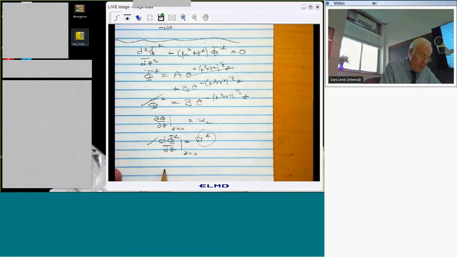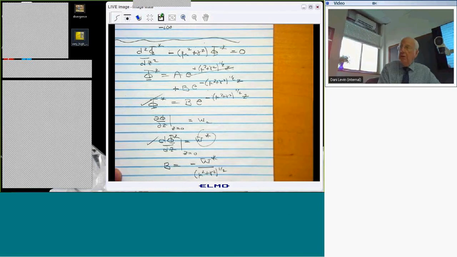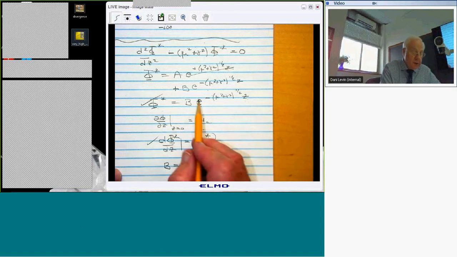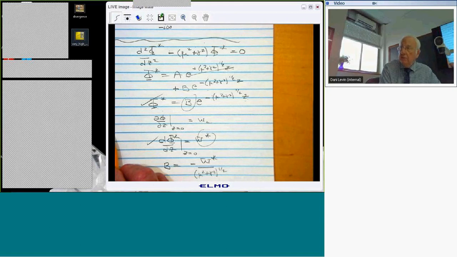But basically, B will turn out to be minus capital W star over square root of mu squared plus gamma squared, which is the same thing we had in 2D flow, except the gamma wasn't there, right? And by the way, look at phi star. Phi star, if I'm content to have phi star at z equals 0, it's just B, right? And for the moment, I'm going to be content to know the solution only on the wing, because that's where I want to know the pressure if I'm going to do flutter analysis or any other kind of analysis.